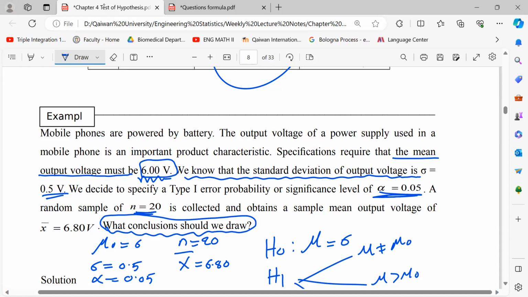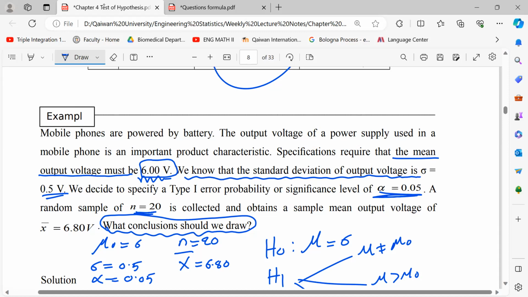About what? About the mu naught that's given at the beginning. It says it must be 6. Mu naught must be 6, meaning the mean must be 6. So the alternative hypothesis in this example is that mu doesn't equal mu naught.